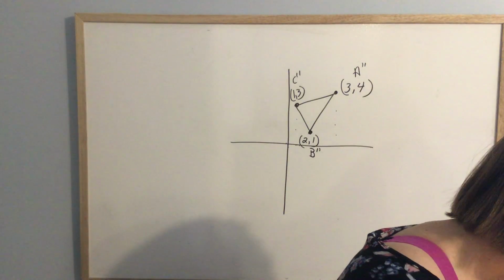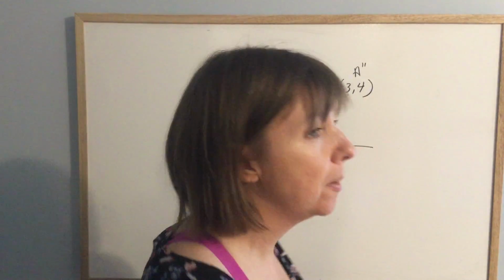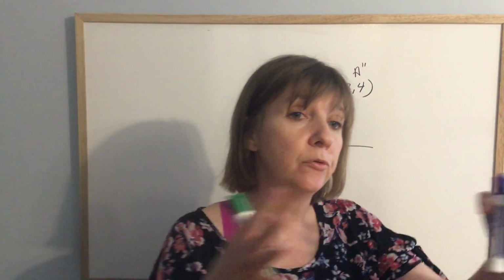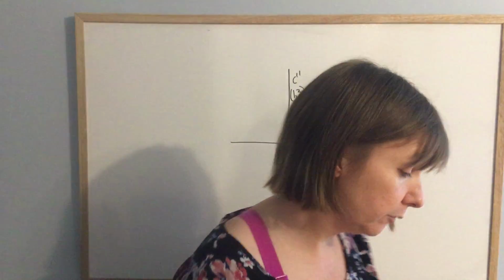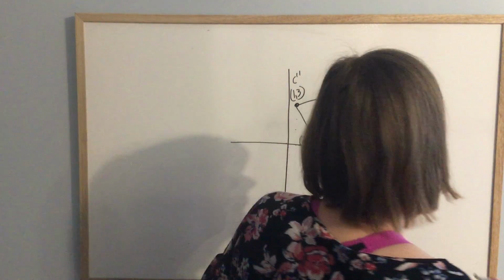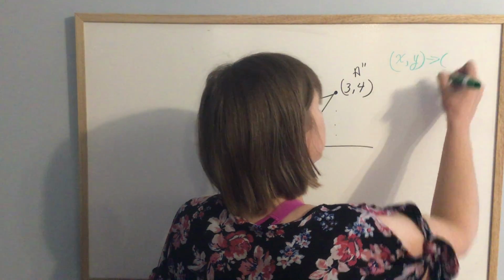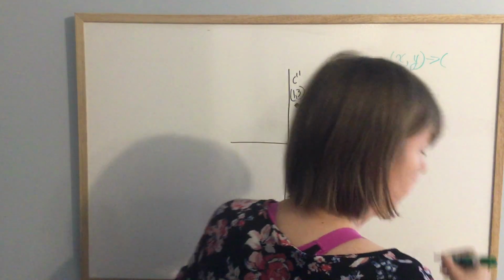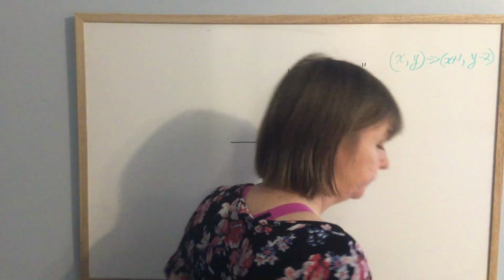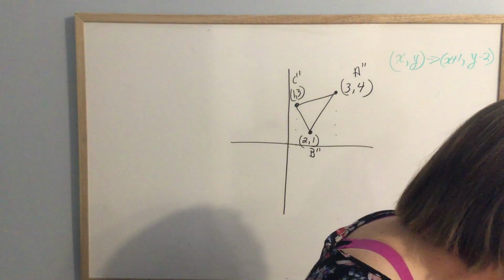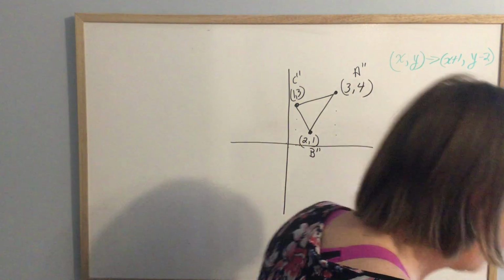Now, it says, this image was obtained from the translation. Remember, translation means I move the graph left, right, up, down. I move the triangle in different directions. And they give you a mapping rule of x plus 1 and y minus 2, followed by a reflection in the y-axis.